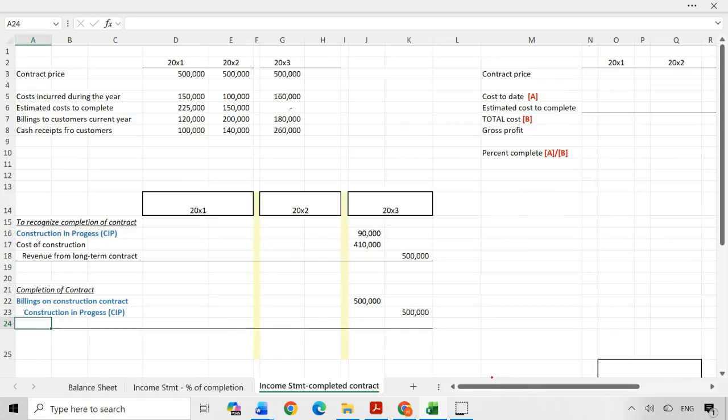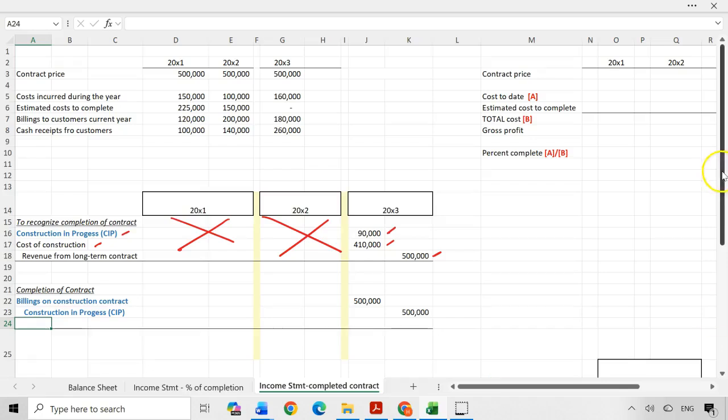So you have nothing in 20x1, no entries in 20x2, and you're going to recognize the full $500,000 in 20x3. So revenue from long-term contract is the credit $500,000, debit cost of construction $410,000 for the actual costs you've incurred for the entire contract, and debit construction in progress account for $90,000.